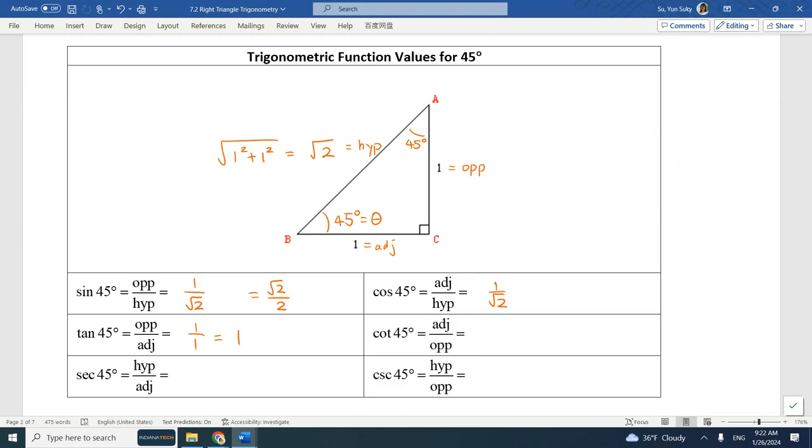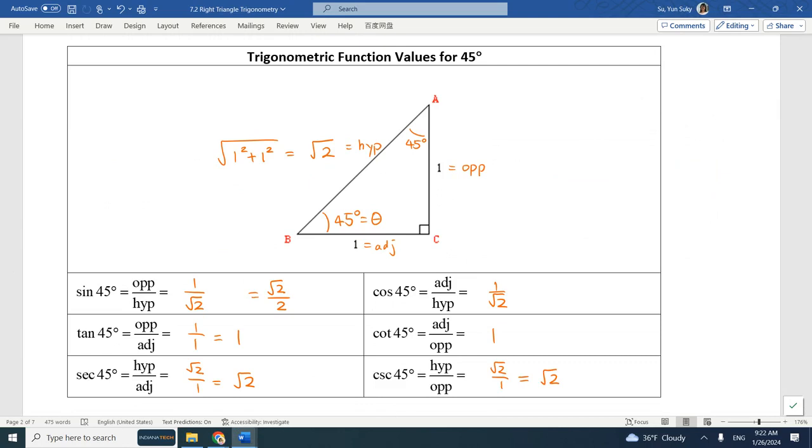Cotangent is the reciprocal of tangent. Yes, it's 1. Reciprocal of 1 is 1. Secant theta is the reciprocal of cosine. The reciprocal of that is square root of 2. Yes, very good. The next student, how about cosecant 45 degrees? Yes, also square root of 2 over 1, which is square root of 2.